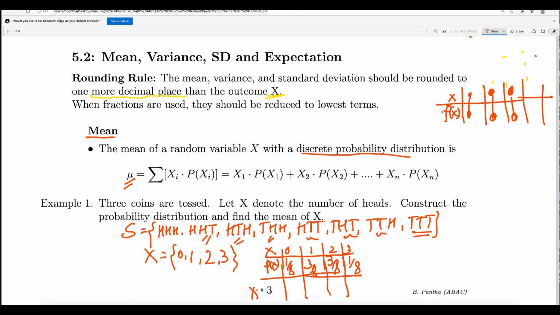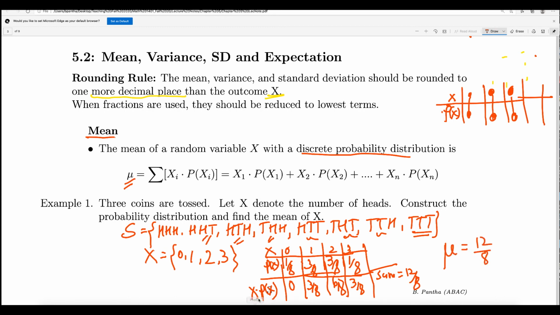So x times p(x): 0 times 1/8 is 0, 1 times 3/8 is 3/8, 2 times 3/8 is 6/8, and 3 times 1/8 is 3/8. What is the sum of all these? 3/8 plus 6/8 is 9/8, plus 3/8 is 12/8. So mu is basically 12 over 8.